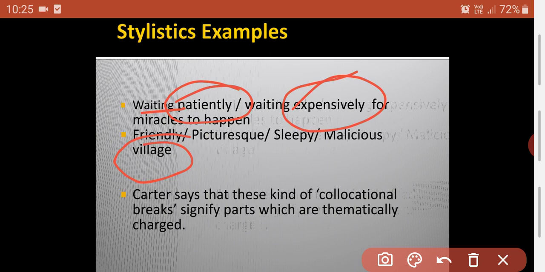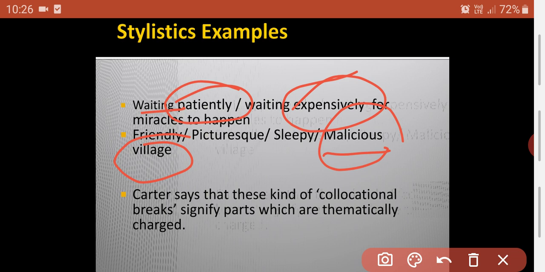If you see Walter Scott, I remember reading somewhere in Walter Scott's writing, I think it was Kenilworth, he makes use of this word, friendly village, right? But here in Auden, this collocative pattern is broken down, and a new adjective is used to describe, to qualify this village.